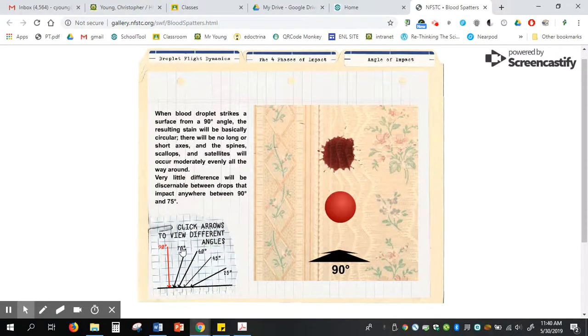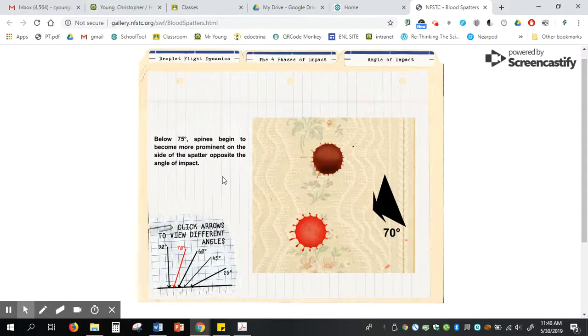I'm going to click on 70 degrees. Now the blood droplet is coming from the upper right towards the lower left. Basically, it's going in a southwest direction on screen. You can see that the spatter or the satellite spines are a little longer on the side away from where it hits.